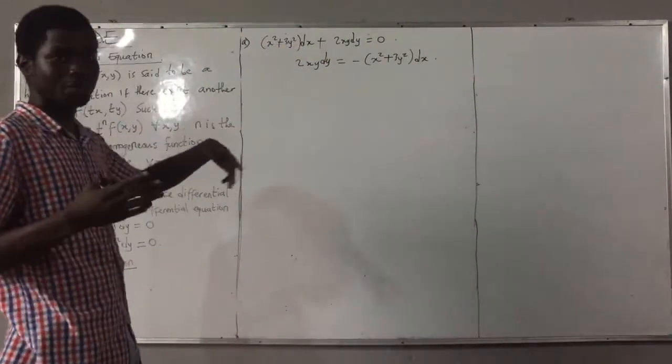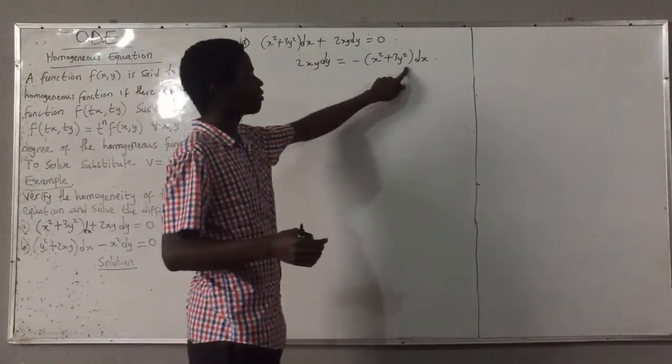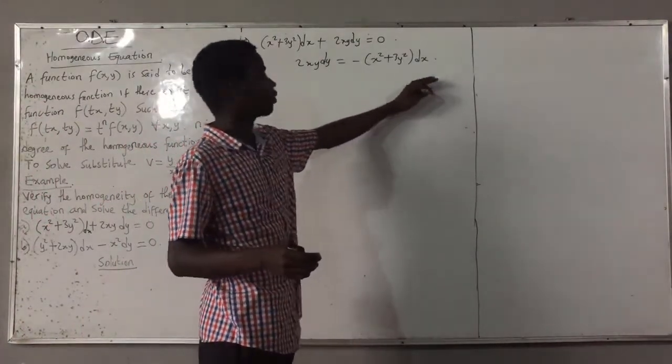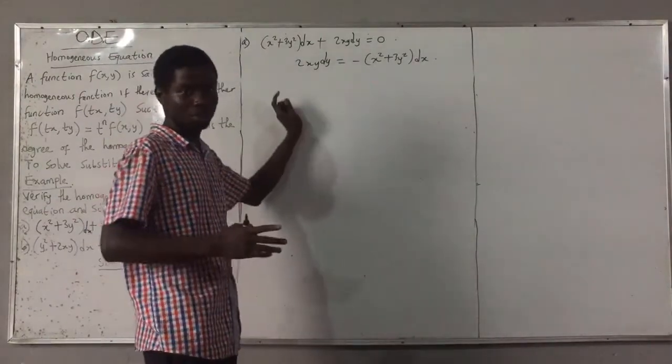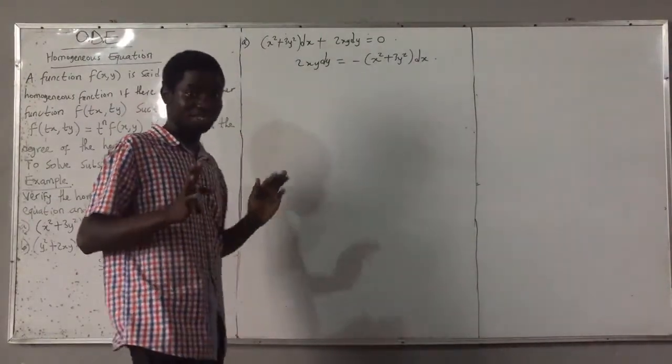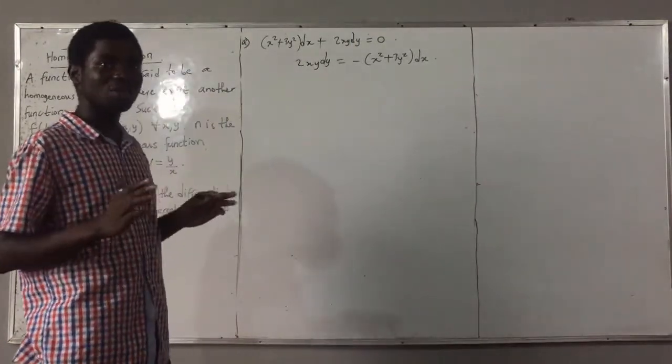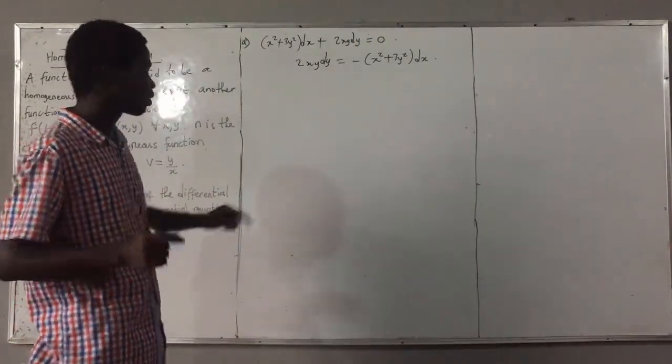If you look at it, it is not variable separable because you can only divide through by x squared plus 3y squared, and you can't separate all the y's to be on one side and all the x's to be on one side. Do you understand?